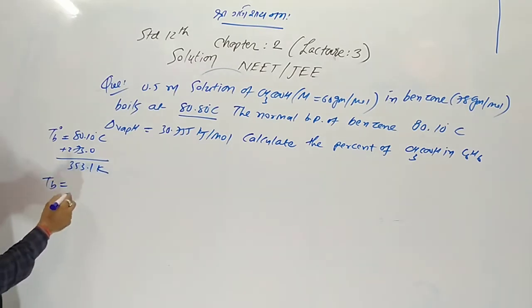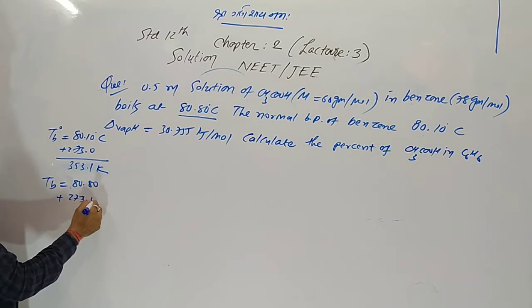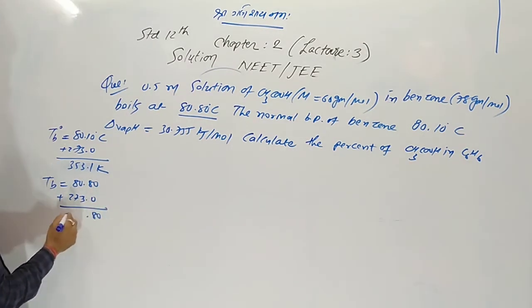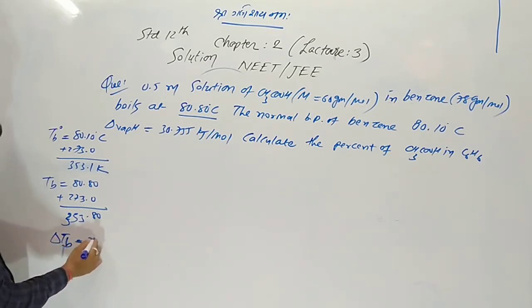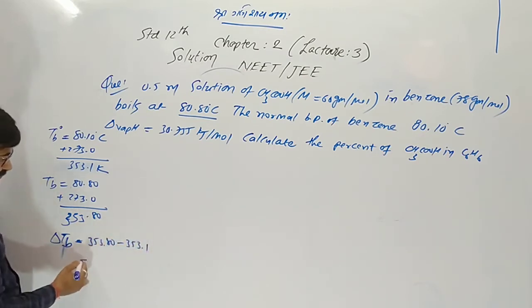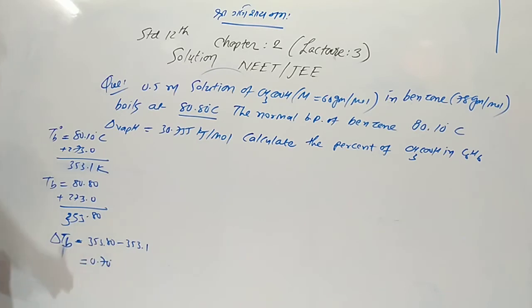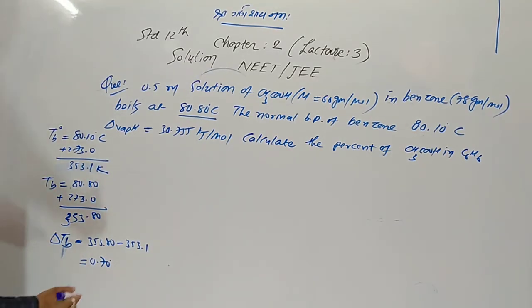Now for the solution, 80.80 plus 273, so 353.80. So the elevation in boiling point will be 353.80 minus 353.1, so 0.70 is the rise in boiling point.